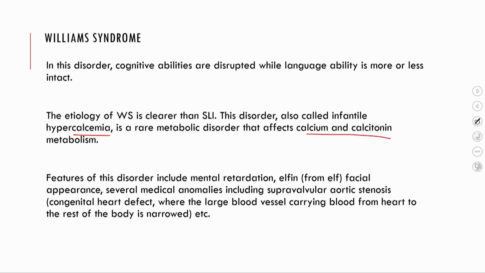So, features of this disorder include these things: mental retardation, elfin facial appearance, several medical anomalies including supravalvular aortic stenosis. This is a congenital heart disease, a heart defect, where the large blood vessel carrying blood from the heart to the rest of the body is narrowed, and so on.